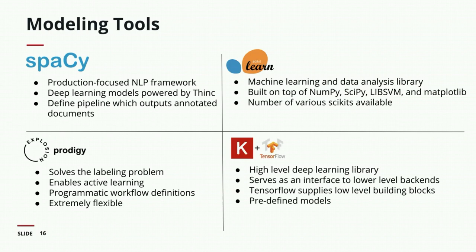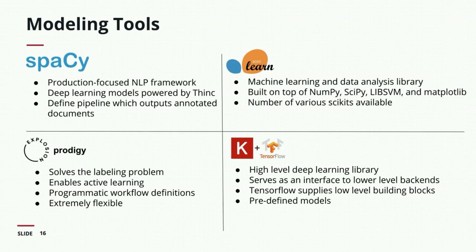The other thing I want to introduce, and this is really going to be the focus of my live demo, is Prodigy. This is a really cool toolkit that was developed by the makers of spaCy that solves the labeling problem. The labeling problem, in my opinion, is one of the hardest problems to solve in the data science world.